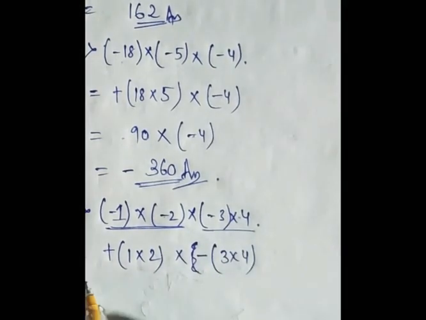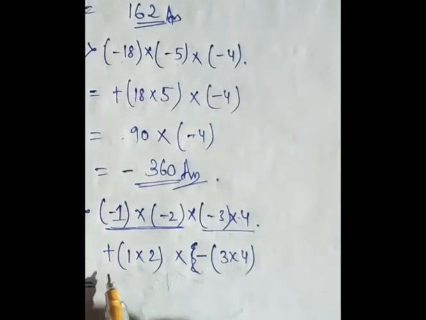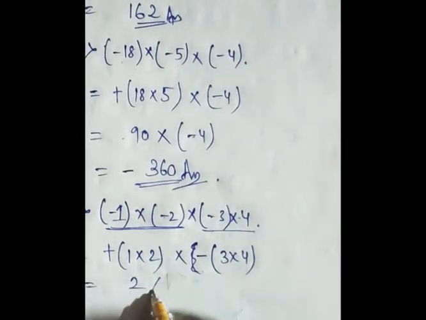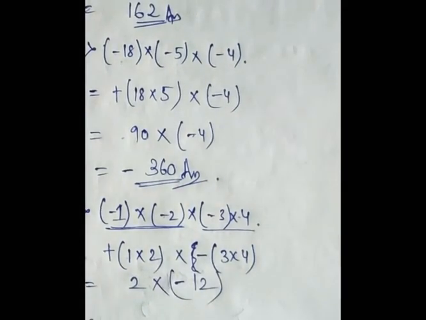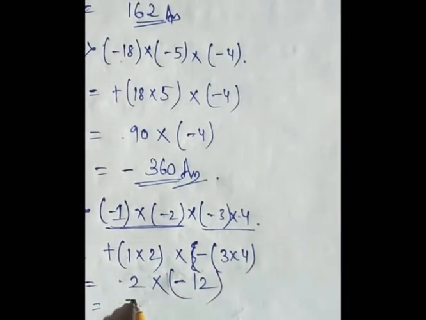You don't have to write the plus sign. So 1 into 2 into minus 12. It will be negative, because plus into minus is minus, and 2 into 12 is 24. I hope you are clear.